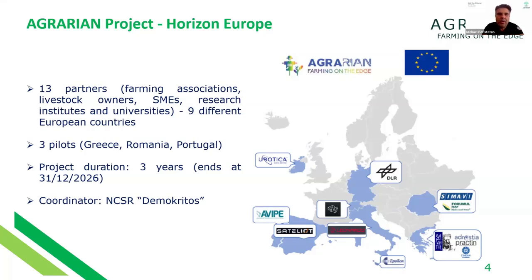We are now after month 18 of the project, so we're around month 21. Democritos, as I said before, is the coordinator of the project. And now we are running the first open call. The projects that have been selected are still running. And we are starting the submission phase for the second open call.